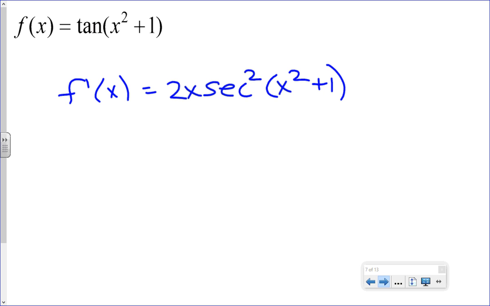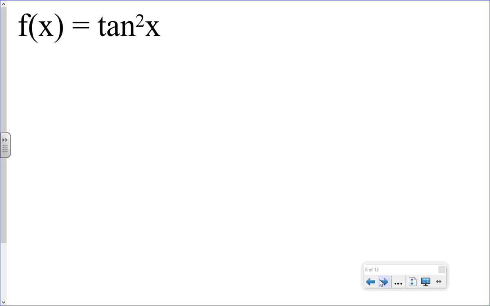Let's see what's next. This is what I was waiting for. Okay, what I'd like you to do is write it down, and I want you and your pod to determine what the composition is, like what function is inside of which function. I'll give you 20 seconds.